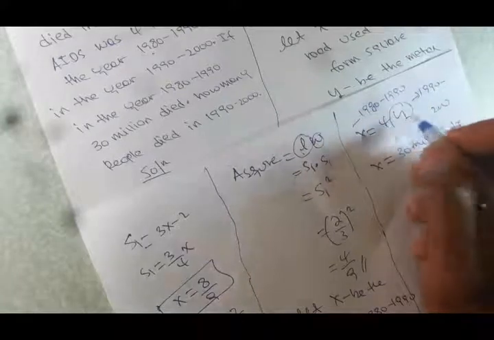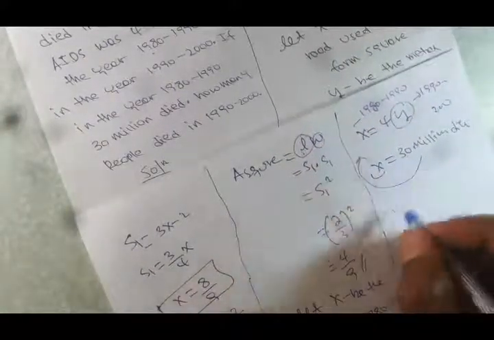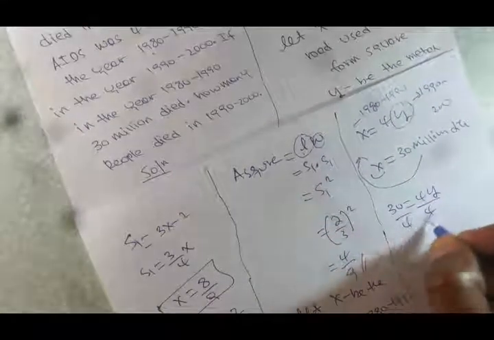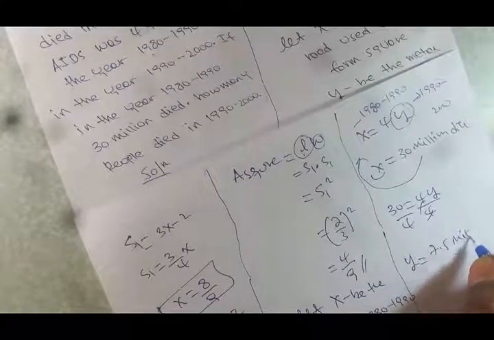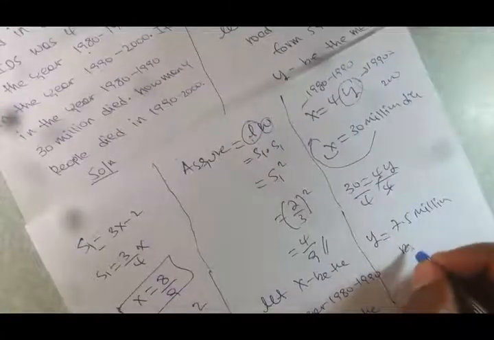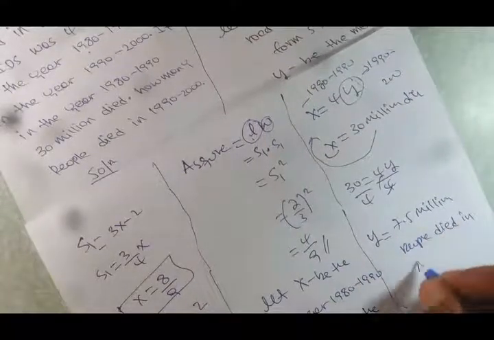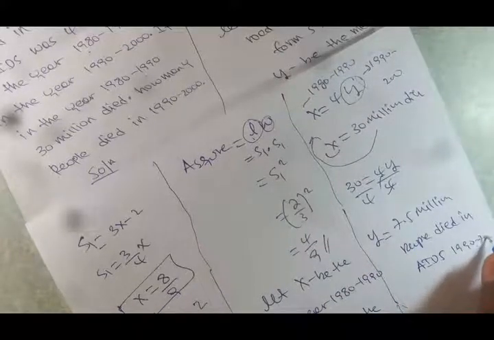And we are asked to find the value of Y. The value of X is already given, 30 million. Therefore 30 is equal to 4 times Y, dividing by 4 over 4. Y is equal to 7.5 million people died of AIDS in the years from 1990 up to 2000.